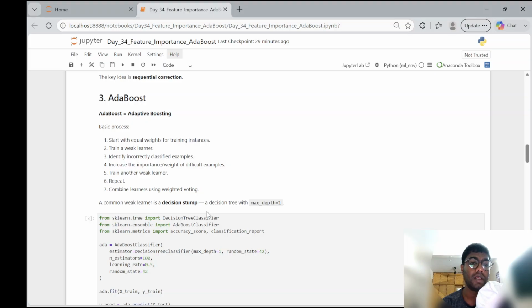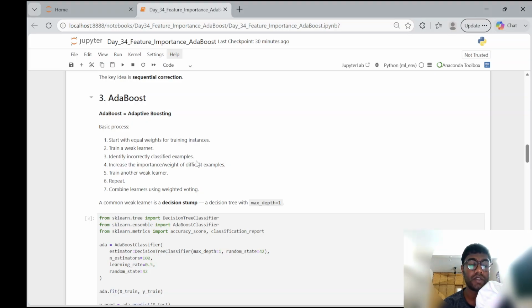Next is AdaBoost, or adaptive boosting. In simple terms, let's say we have many machine learning models. There might be a few models which are weak performers or have less accuracy.